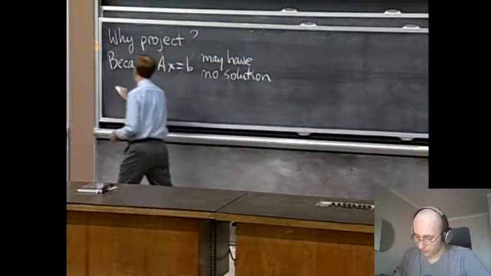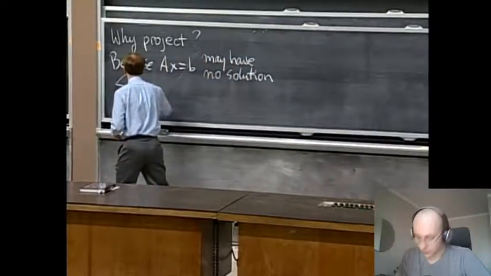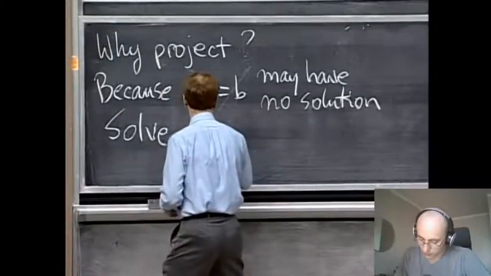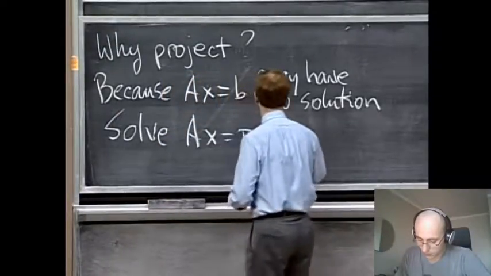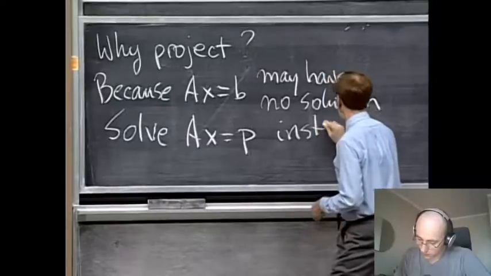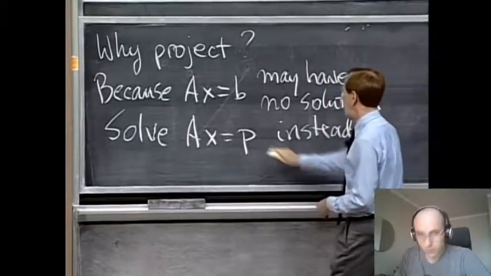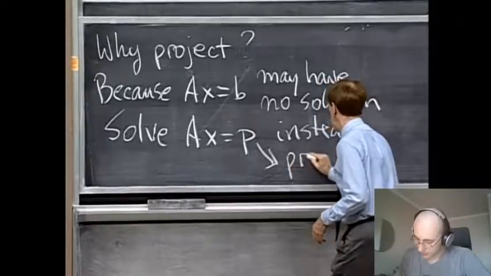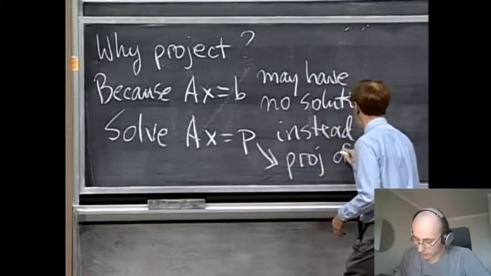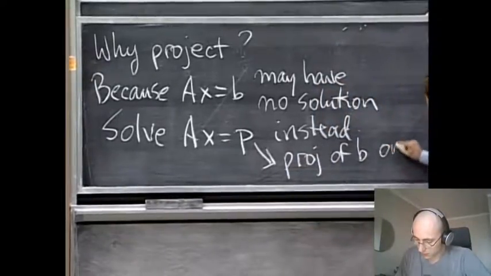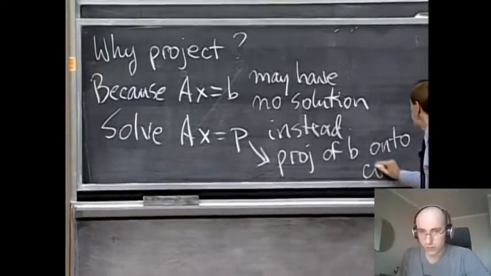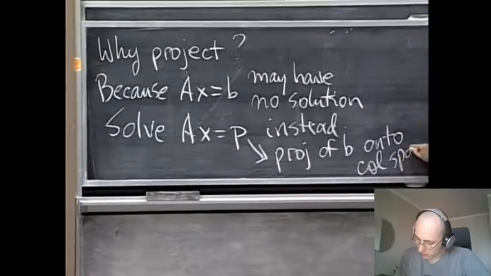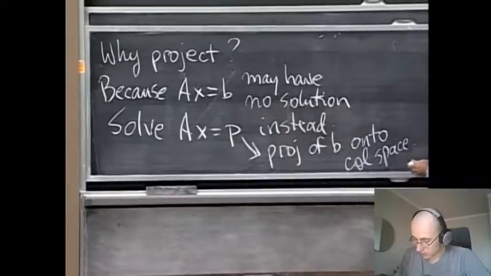So I'll solve AX equal P instead. That one I can do, where P is the projection of B onto the column space. That's why I want to be able to do this.